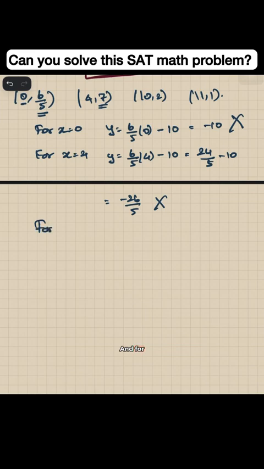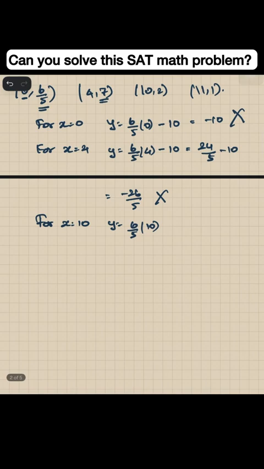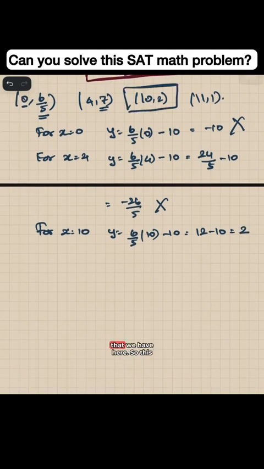And for x equal to 10, y would be equal to 6 over 5 times 10 minus 10. So you would get 12 minus 10, which is equal to 2. Now that is equal to the y that we have here.